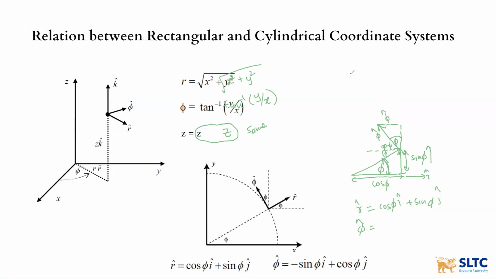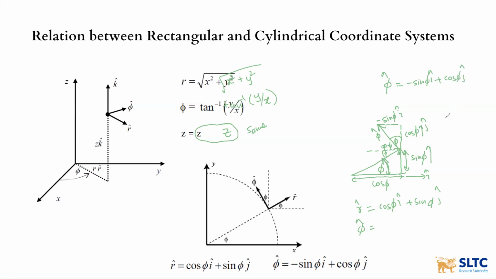Sorry. This is sine phi. This is cos phi. So cos phi is in the j hat direction. Sine phi is in the minus i hat direction. Right? So therefore, phi hat I can write as minus sine phi i hat plus cos phi j hat.